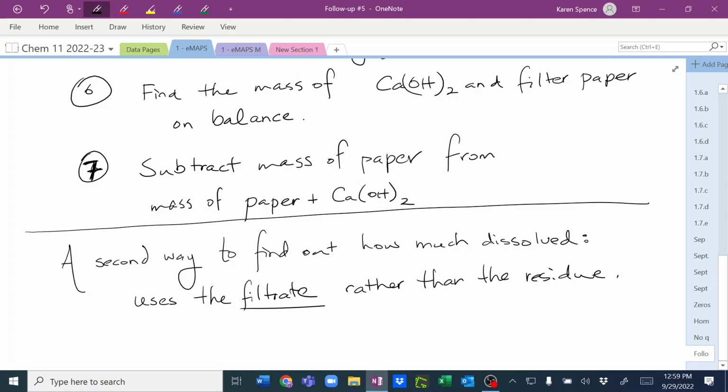So you find out how many particles you have. Then you know that hydrogen peroxide reacts with water. So now you know the amount of hydrogen, you know the amount of peroxide. And if you know the amount of peroxide, you know the amount of calcium hydroxide, because there's one calcium hydroxide for every hydroxide.